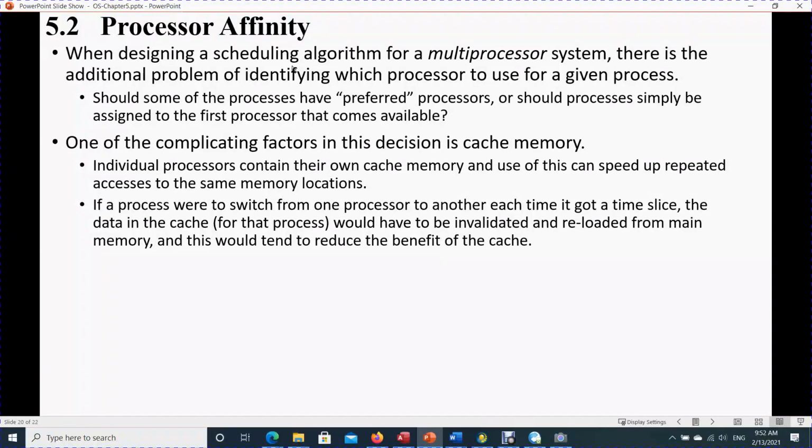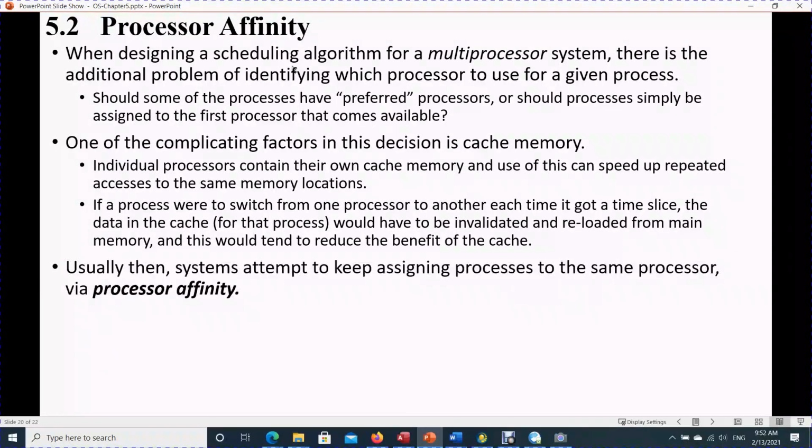And that tends to reduce the effectiveness of using cache, since the idea is to avoid using relatively slow main memory. Usually, systems attempt to assign the same processes to the same processors. This is called processor affinity.